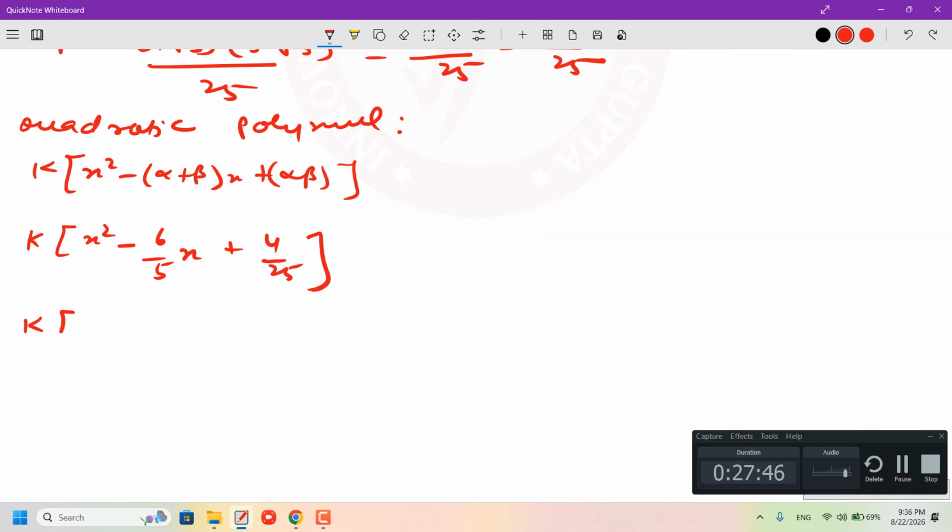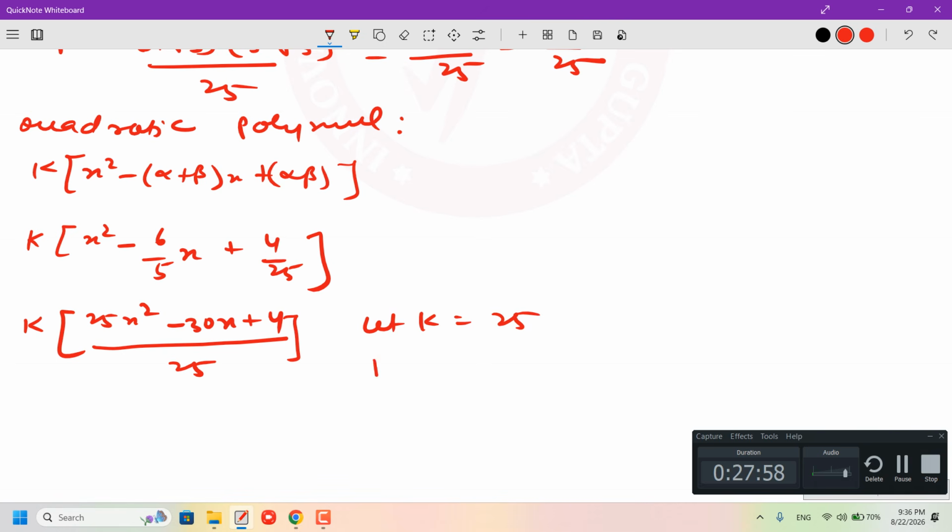So k times 25x square minus 30x plus 4 upon 25. So let k equal 25 and p(x) equals 25x square minus 30x plus 4.